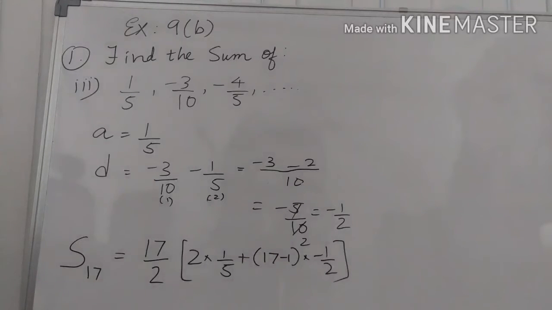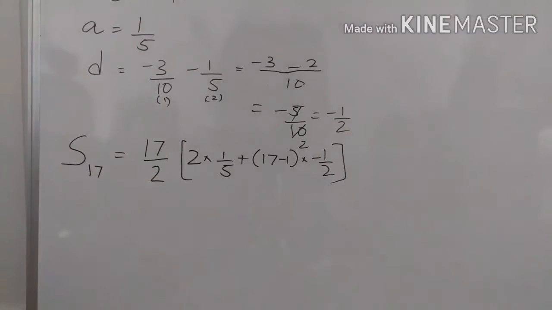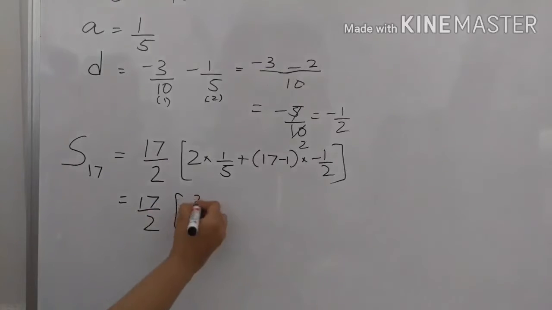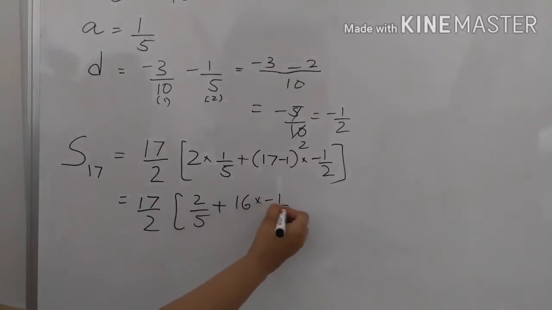Now we will solve this by calculation. So here 17 by 2 as it is. This is 2 by 5 and this is 17 minus 1, 16, into minus 1 by 2.